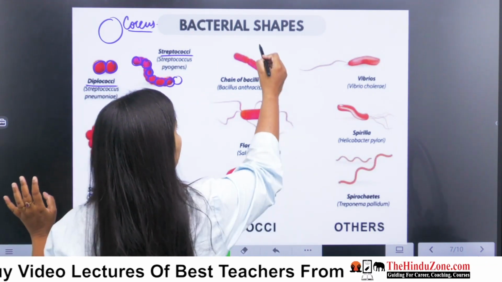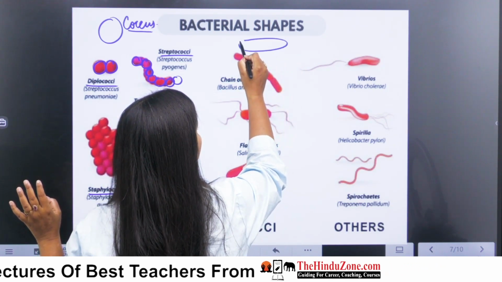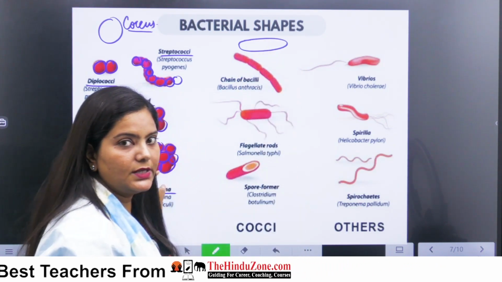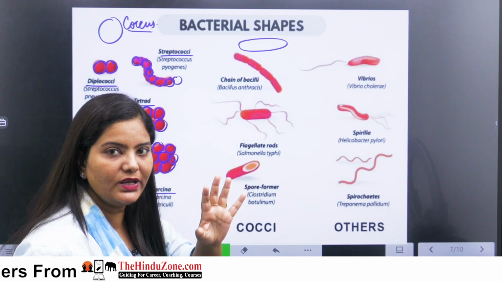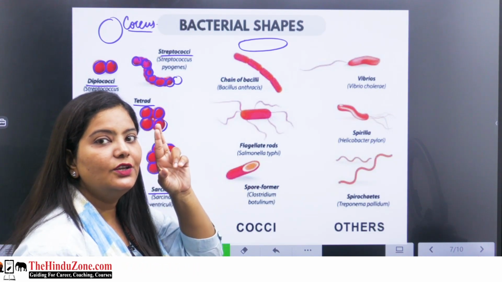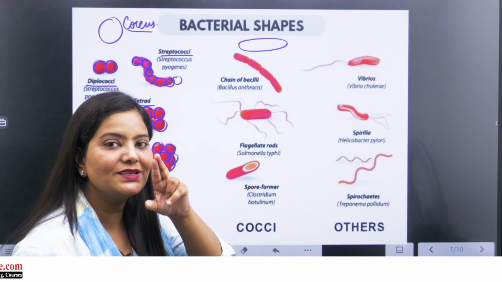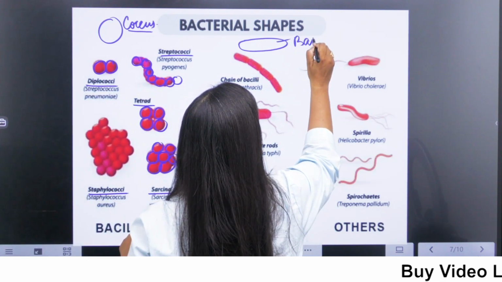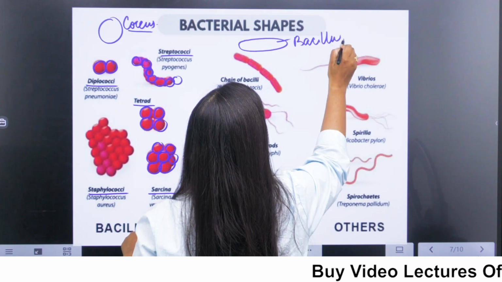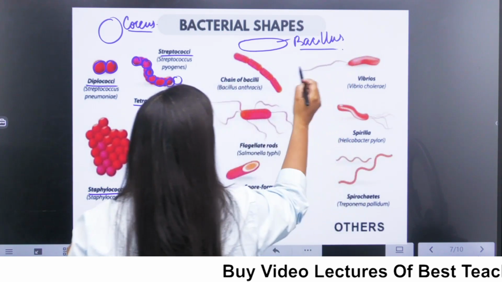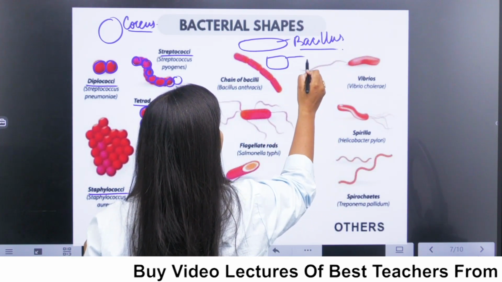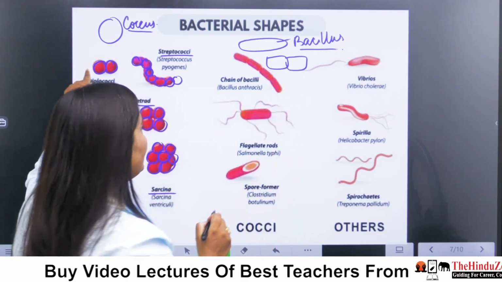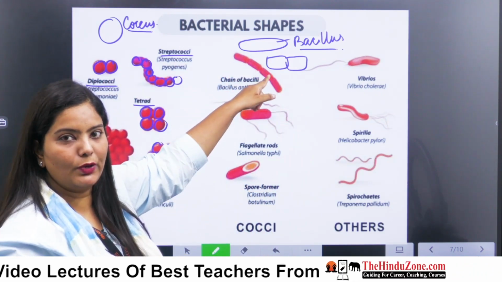Now, if these bacterial cells have a rod shape, it is commonly called rod shaped bacteria, or you also call it bacillus, right? Now, if there are 2 bacilli, then just like cocci, you can call it diplobacilli.